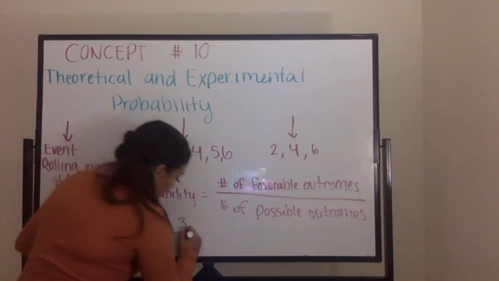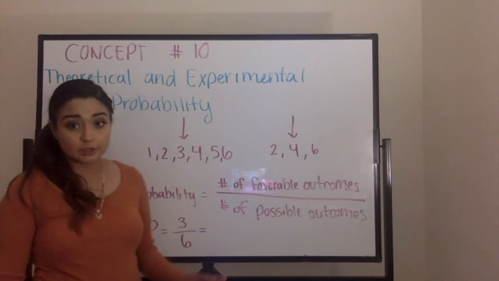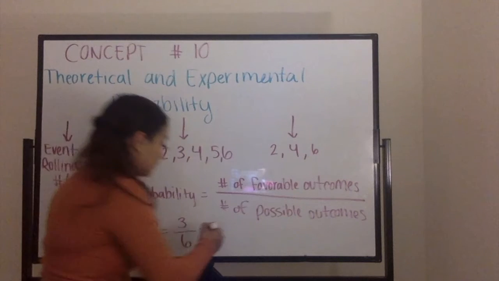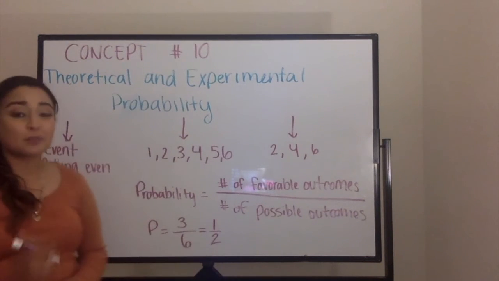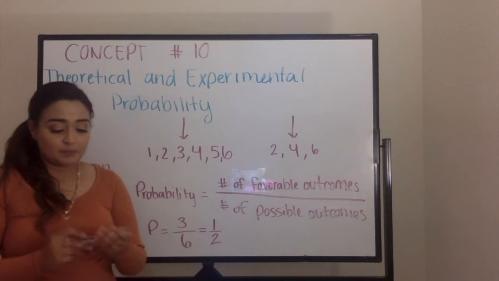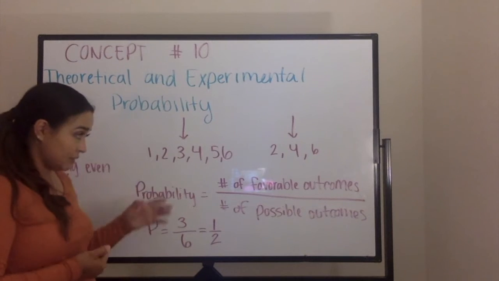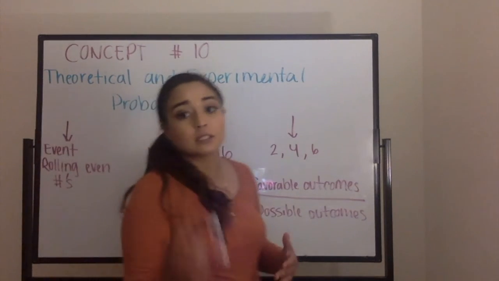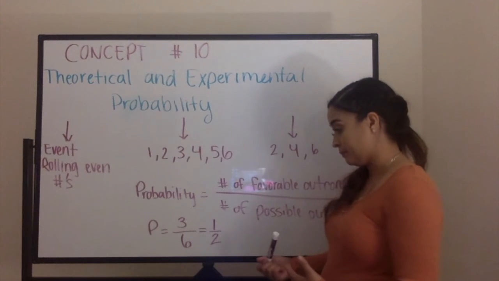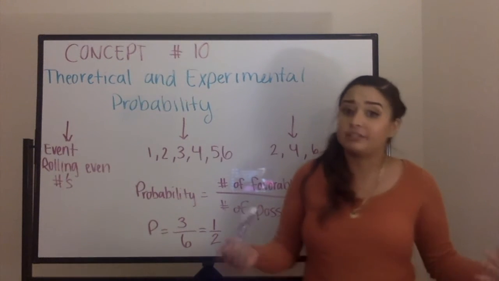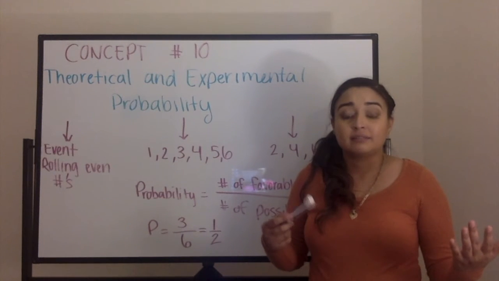So 3 divided by 6, which we must reduce, reduces to one half. So I have a half probability that I will get an even number. That means I have a 50-50 chance every time I roll the die that I will get an even number.